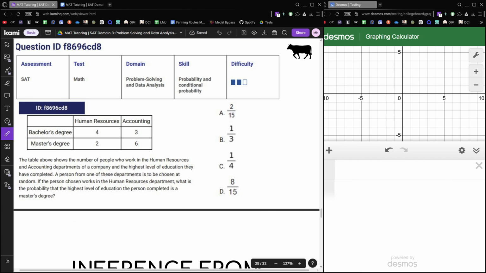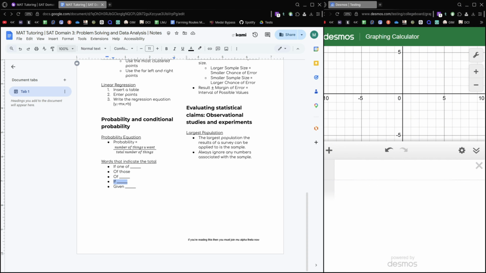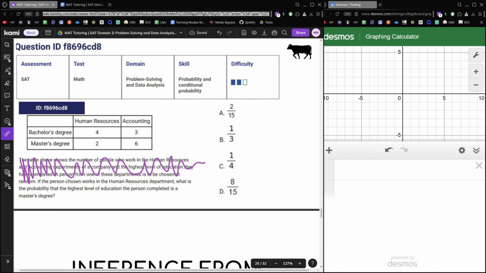Slide number 25, once again, only look at that last sentence because everything above it is just describing what we already see in the table. Now let's start reading. If, keyword guys, right here, if the person chosen works in the human resources department, so we know that's going to be a bottom number, the total.